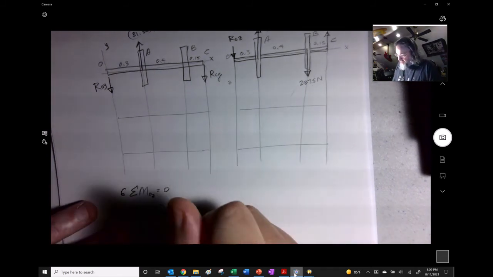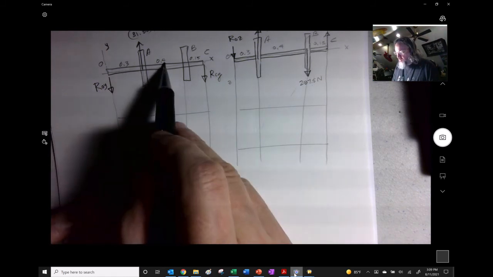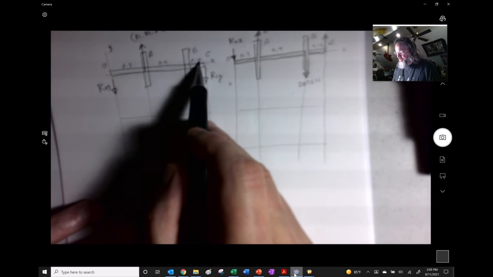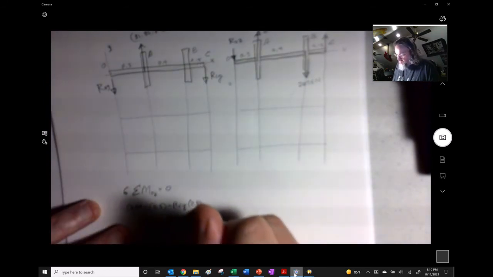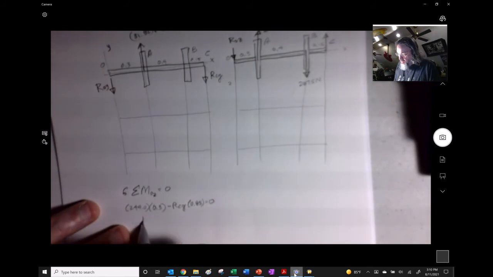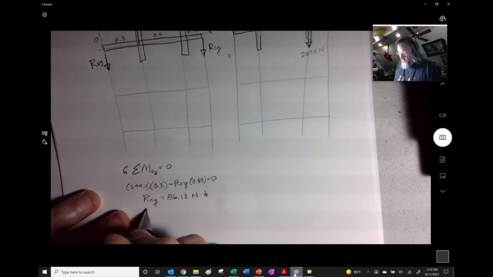RCY, it said Z. And 0.3 and 0.4 is 0.7 plus 0.15 is 0.85. And so we get RCY is 86.12 newtons downward.